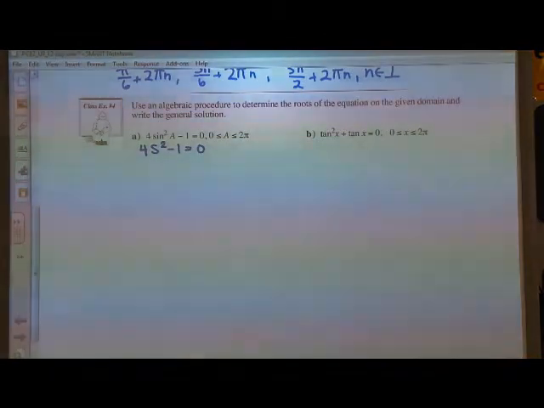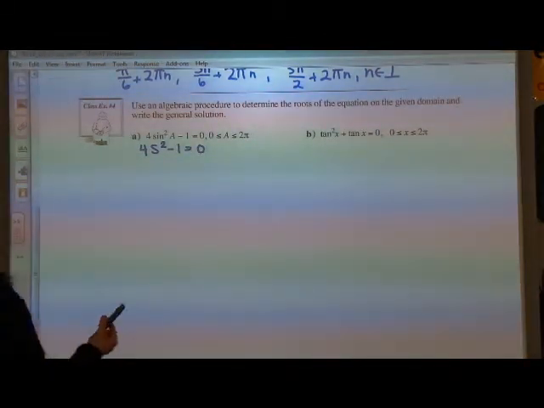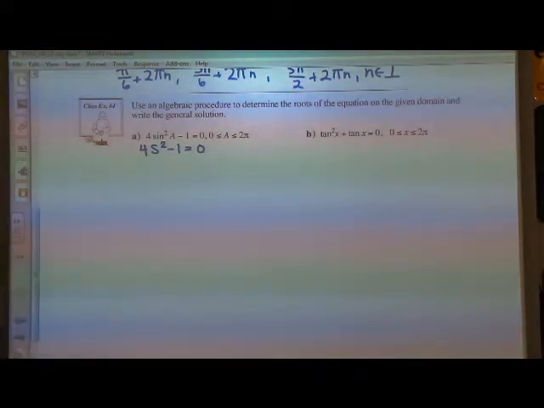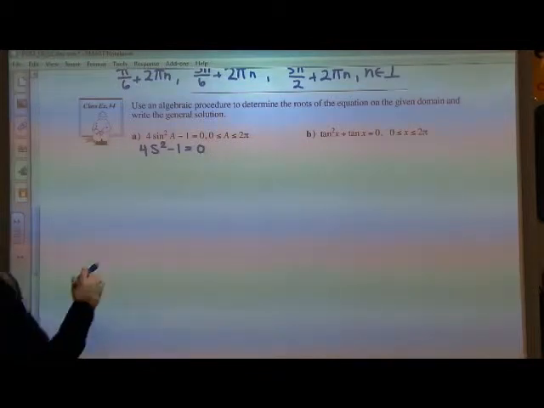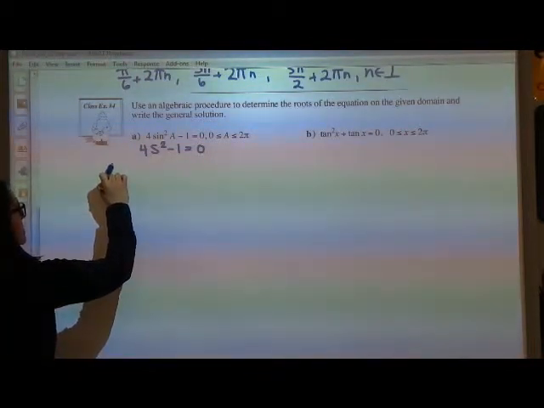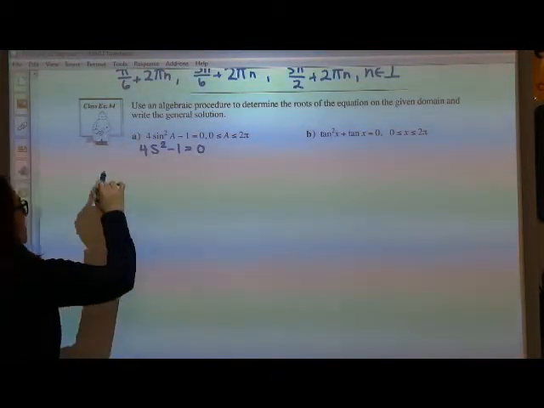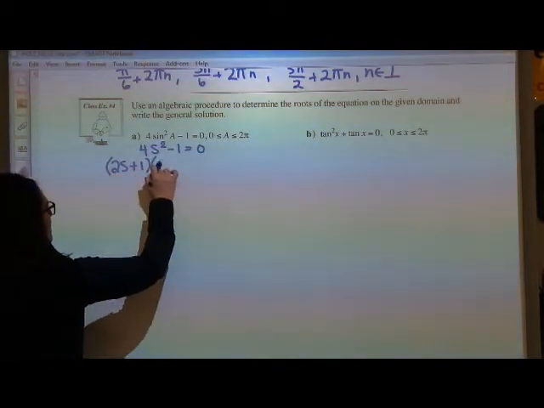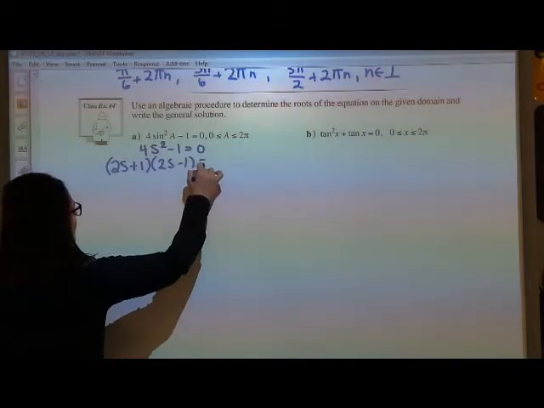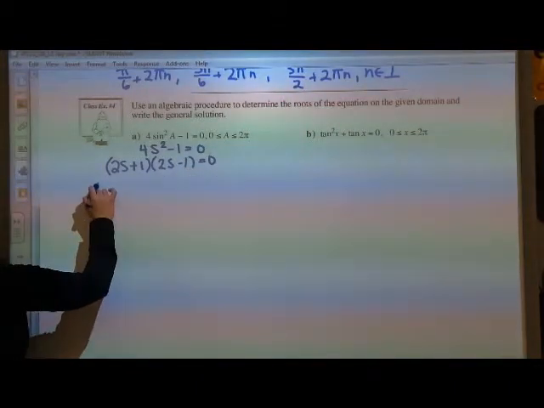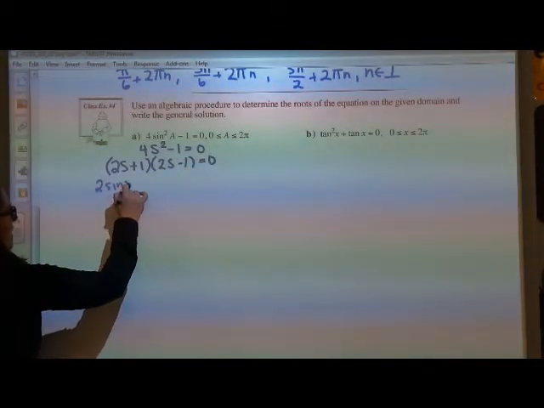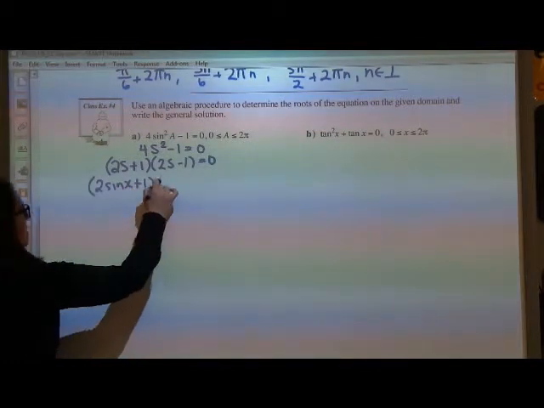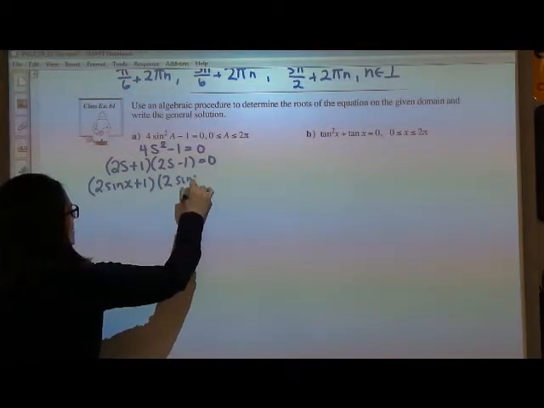So if I look at this 4s squared minus 1, when I factor it, what do I get? And those s's were sines, so now I can replace it, and I get 2 sine x plus 1 and 2 sine x minus 1.